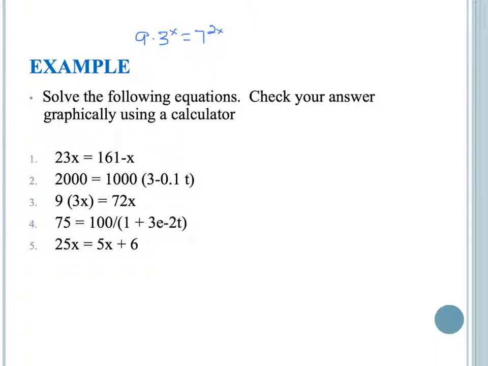Now, my right-hand side is base 7, but my left-hand side has 9 and 3 to the x. So I can't just divide both sides by 9 the way I did in question number 2.